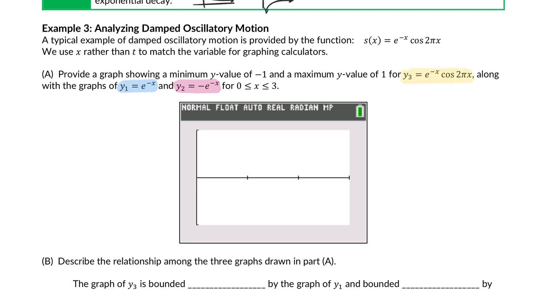Don't press graph yet. So we have both of these. y1 and y2 are exponential decay functions that we studied in the college algebra portion of this course. And then the third one is an example of damped oscillatory motion.